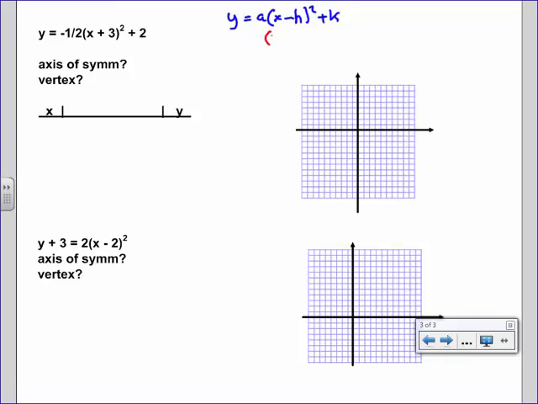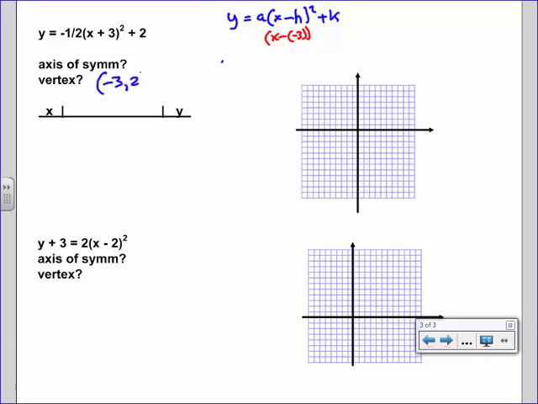If we had x minus negative 3, which would be the same as x plus 3. So our x part is negative 3 for our vertex, and our y is simply 2.